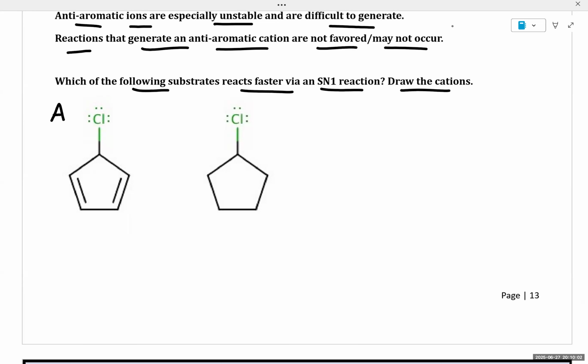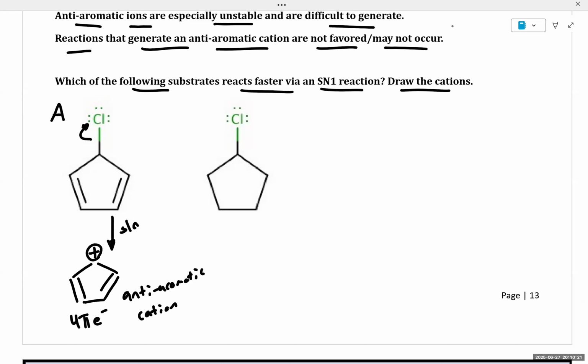So compound A generates the following carbocation. This should immediately set off alarm bells as this has 4 pi electrons, and this is an anti-aromatic cation. What that means is forming this cation is going to be slow.